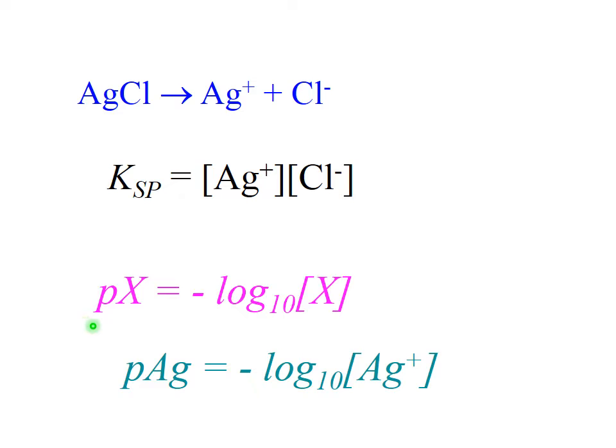As usual, it's more convenient to use the px function, which is the negative log of x concentration, instead of just concentration. So pAg will be the negative log of silver ion concentration.